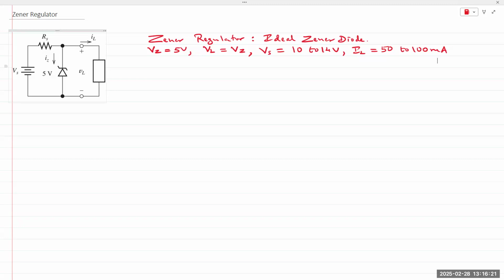All right, so let's take a look. We have a Zener diode connected in parallel to the load. As far as circuits go, it's rather straightforward. We have a series resistor RS to limit the current going to the circuit. So if you remove the Zener diode from the circuit and find the Thevenin equivalent circuit, we can see that voltage VS is dropped across RL and RS.